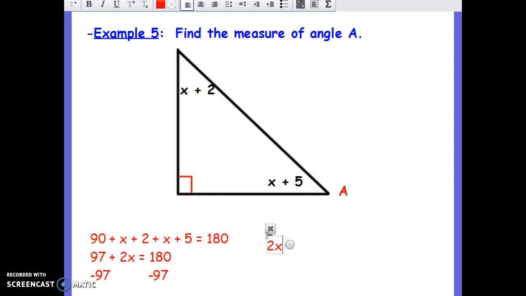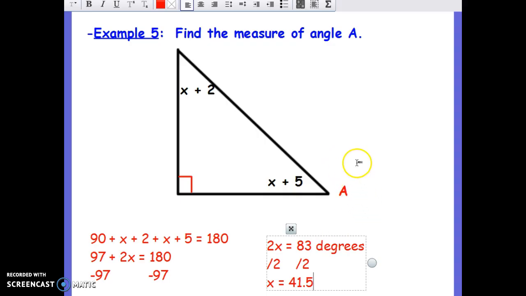So we have 2x is equal to 83 degrees. Okay? Well, now we divide by 2 on both sides. So divide by 2, and we get x is equal to 83 divided by 2 is equal to 41 and 1/2, or 41 and 5/10.